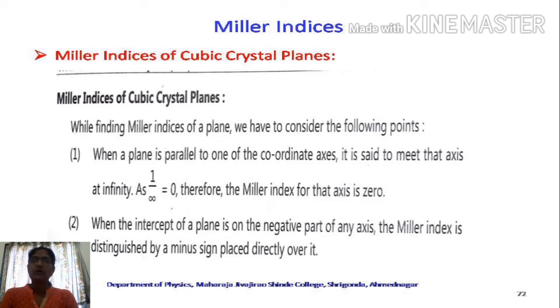And if a plane intersects the x-axis, y-axis or z-axis on the opposite side, that is on the negative axis, then you have to find the Miller index and put a bar on it to represent that it is negative. Its intercept is on the negative axis.